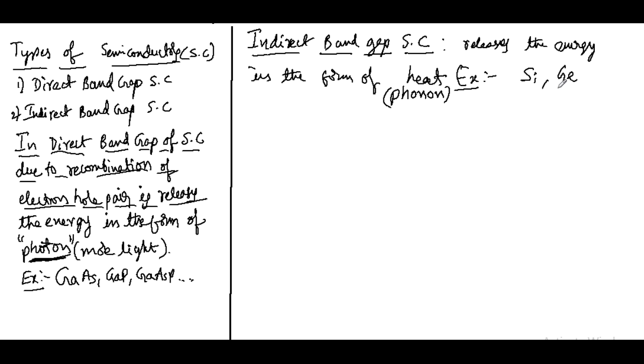First of all, I will explain the basic properties of semiconductors. Those are: a semiconductor allows the current in only one direction.